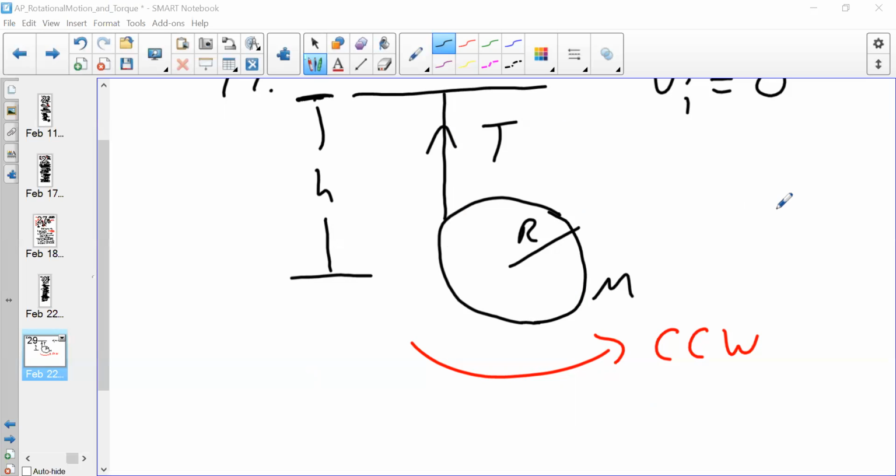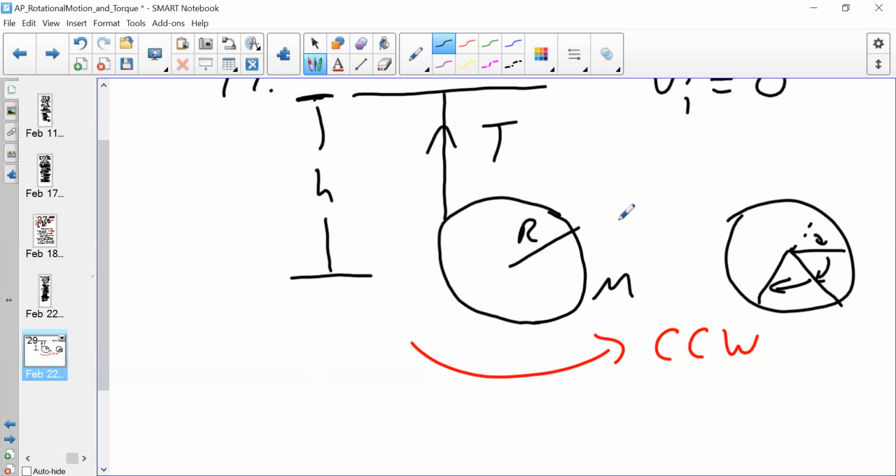I'm just trying to figure out a way to help you visualize. So this is at rest. As it falls, radius r, originally here, is going to be here, then it's going to fall downward clockwise.